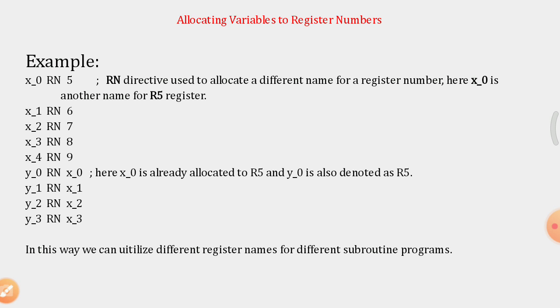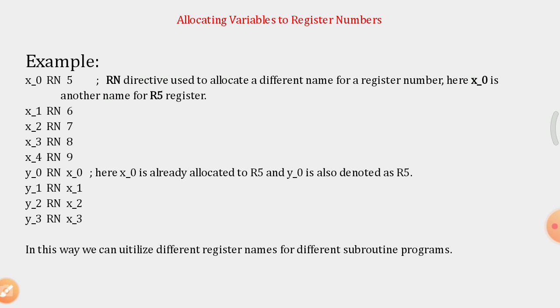Like that, x underscore 1 RN 6, the name of R6 is going to be denoted as x underscore 1. So like that it will go on. And y underscore 0 RN space x underscore 0. Here x underscore 0 is already allocated to R5 and y underscore 0 is also denoted as R5 only.